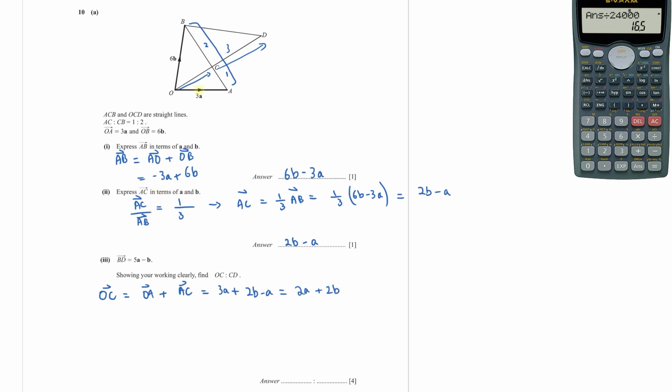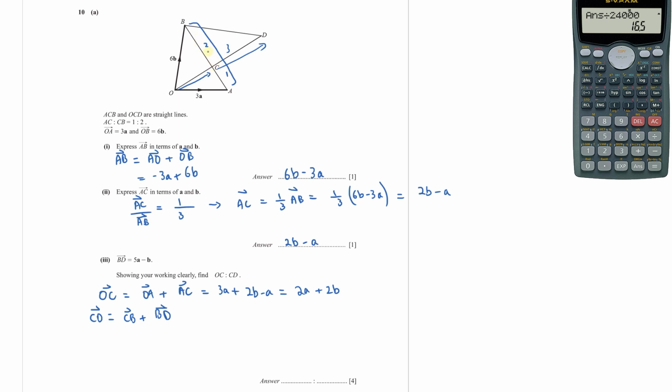And then I have to calculate this vector CD to find the ratio OC : CD. CD can be written as this vector CB plus this vector BD. So using the head to tail rule again, CD will be vector CB plus vector BD. We are given BD. What is CB?